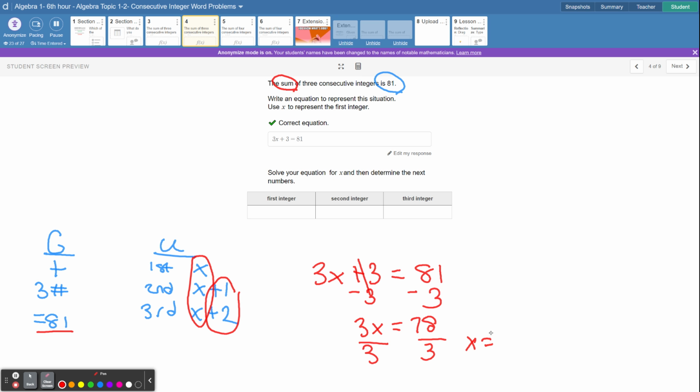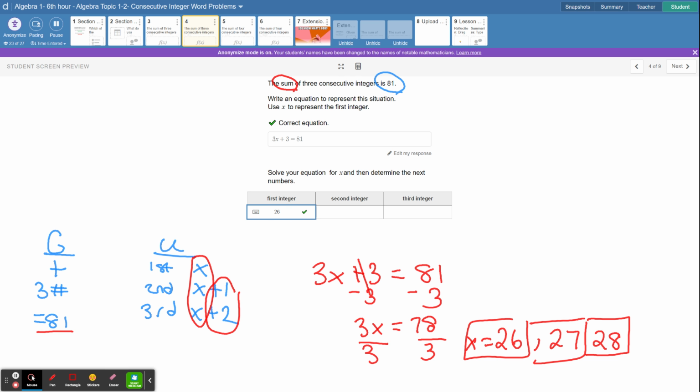Then x equals 78 divided by 3, which is 26. So that's going to be our first number. Our next consecutive number, because it happens in a row, would be 27, and then 28 will happen next. Once again, if you add 26 plus 27 plus 28, you are going to get an answer of 81.